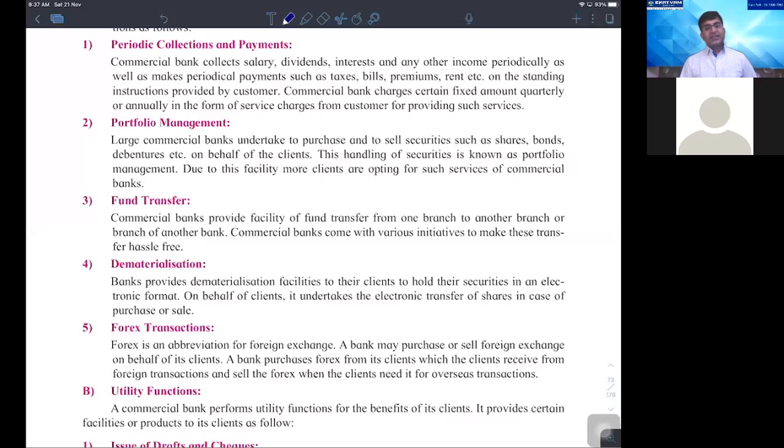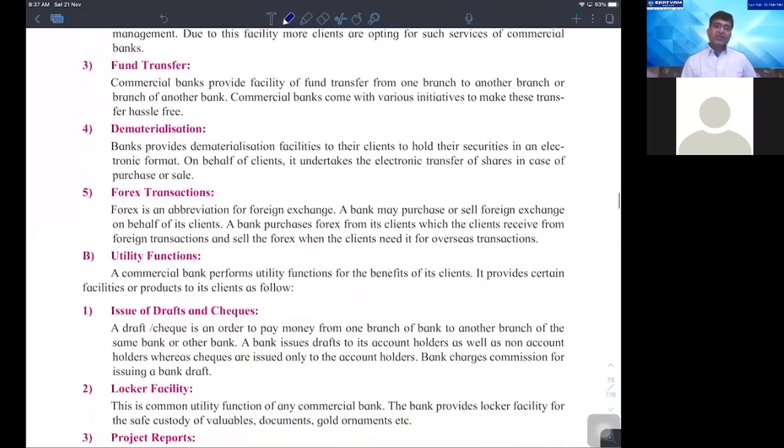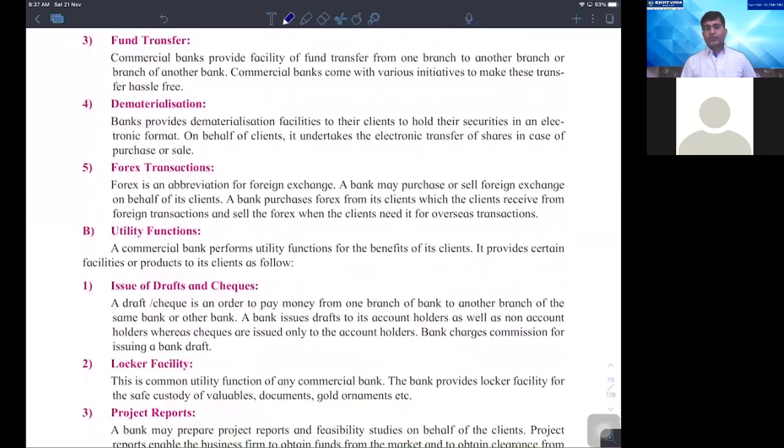So due to this facility, more clients are opting for such services of the commercial banks. In fact, commercial banks से इतनी सारी services नहीं ली जाती हैं, to be very frank. The exclusive professionals which are available, they are carrying out the activities of portfolio management. Now, what is the difference between portfolio management and mutual fund?